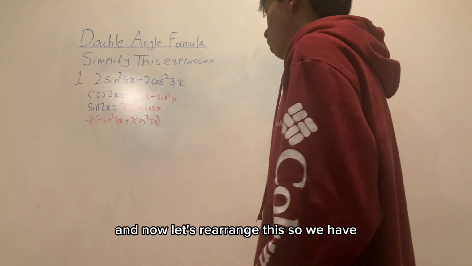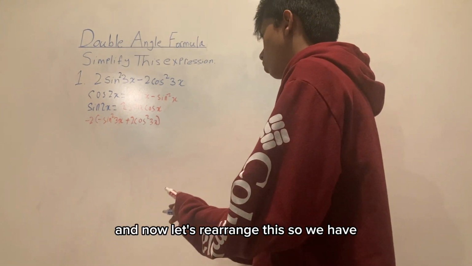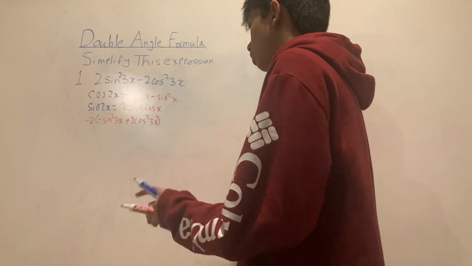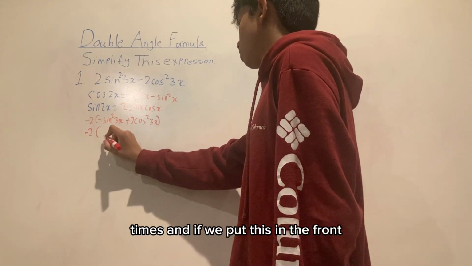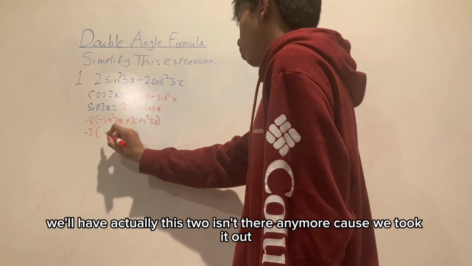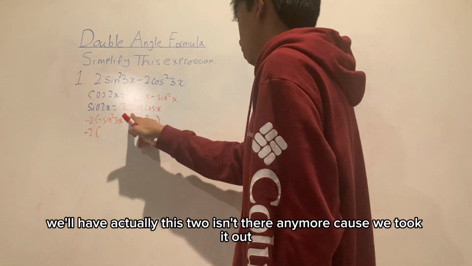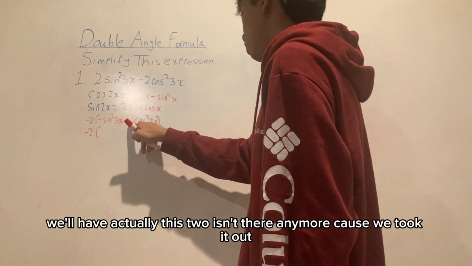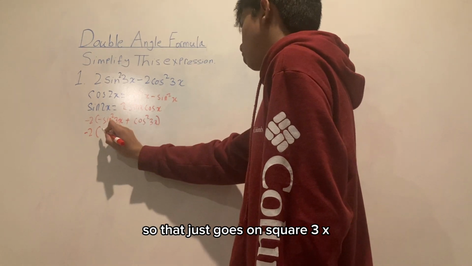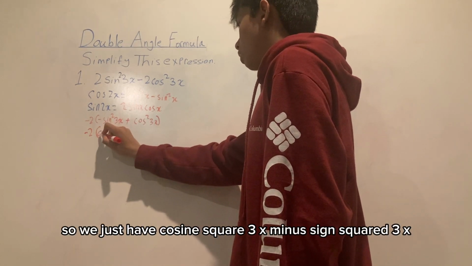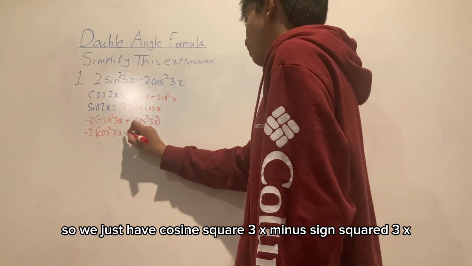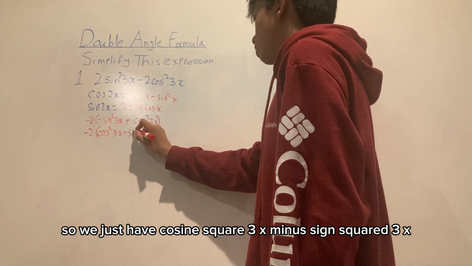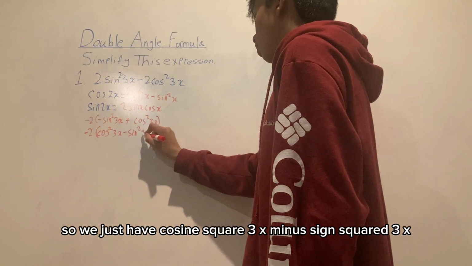And now, let's rearrange this. So we have negative 2 times cosine squared 3x minus sine squared 3x.